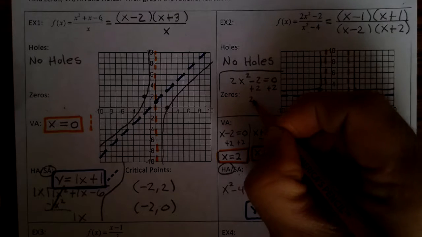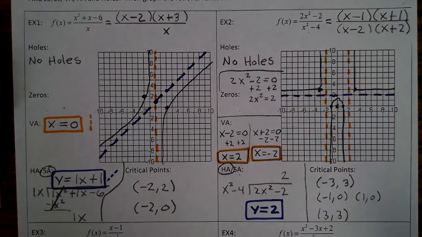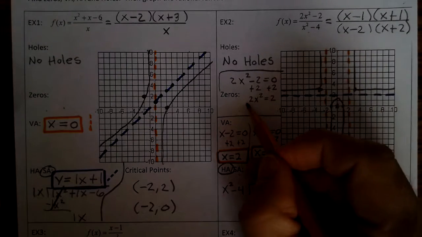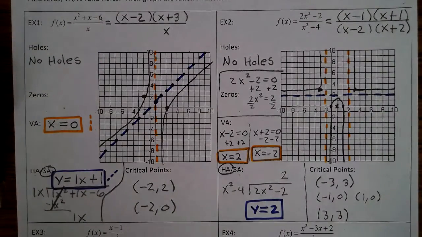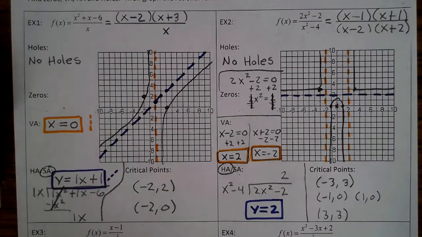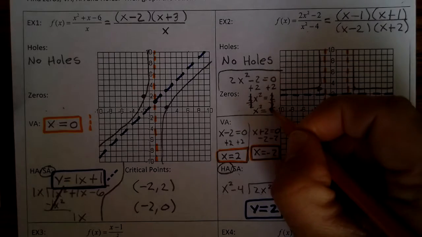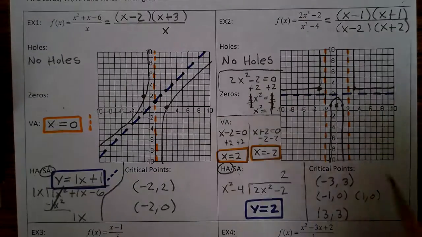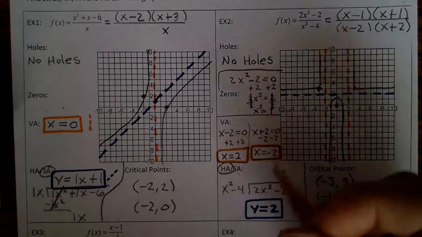We divide both sides by 2, so we have x squared equals 1. Well, we know that negative 1 squared is 1 and positive 1 squared is 1. So our zeros are negative 1, 0 and 1, 0.